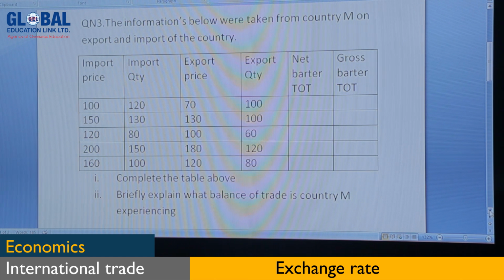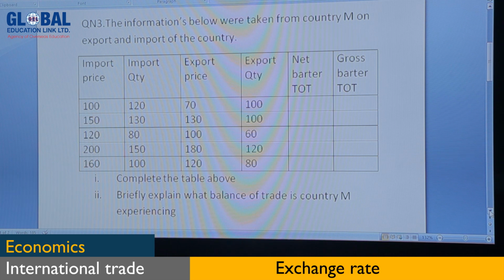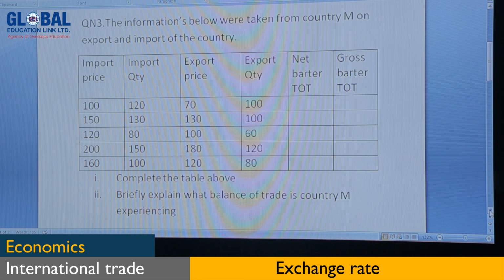So from those figures, the question number one is: complete the table above. Remember I said we have price for import, quantity imported, export price, export quantities. Then we have the columns for net barter terms of trade and gross barter terms of trade. Now the question is asking, number one, complete the table above.